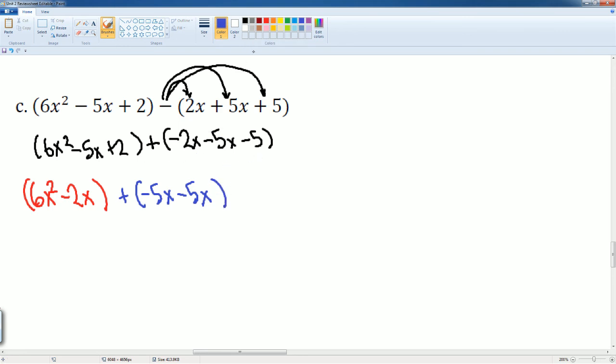And in the end, we also have a 2 here minus 5 here. All right. So again, I'm just writing it basically how I see it. 6x squared minus 2x. Oh no, this is wrong. So this is not correct. This is staying alone.